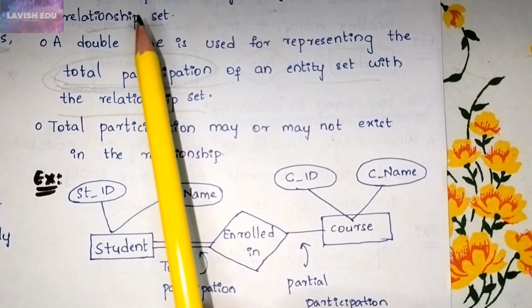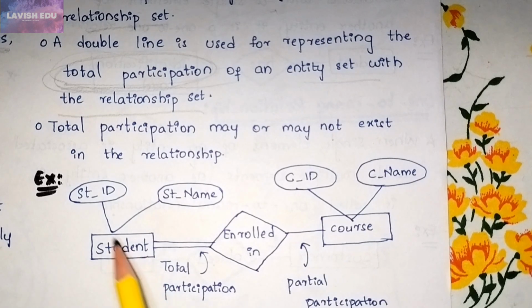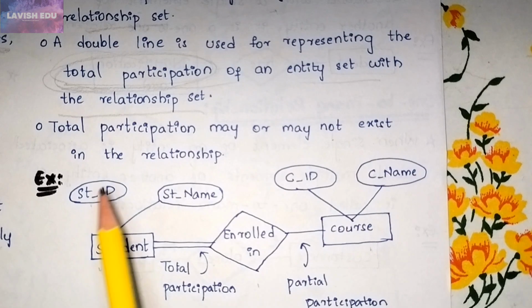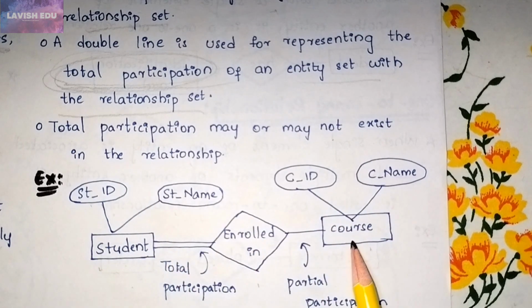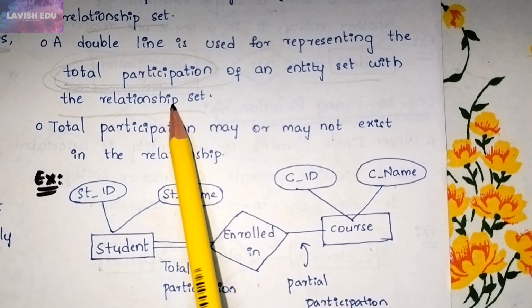Let's see with an example. Here, a student entity and a course entity are given, and between them Enrolled In is a relationship. Student has two attributes, student ID and student name, whereas course has course ID and course name. Here we can see double lines are represented.